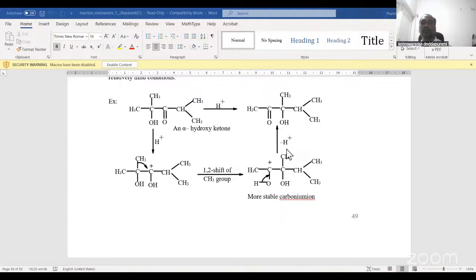This is the rearrangement, and elimination of a proton leads to the formation of this rearranged carbonyl product.